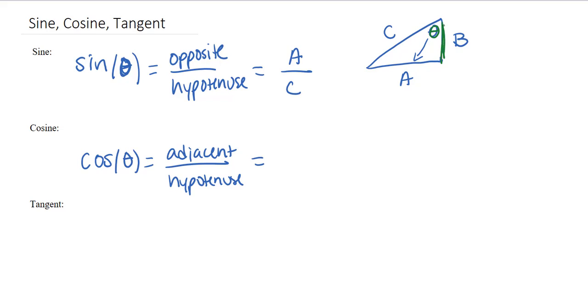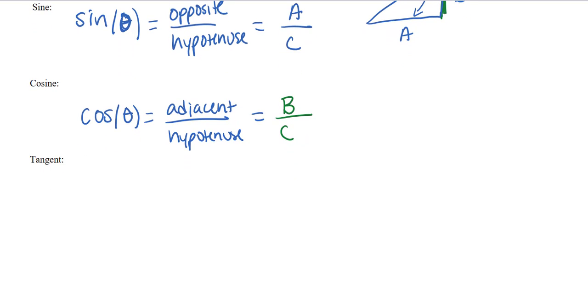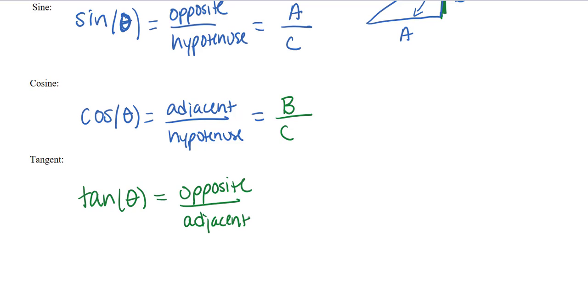Well, it's going to be B. So it's going to be B over C. So that's in regards to cosine. Now tangent. Tangent can be shortened to tan and then theta. Well, this is actually in regards to just the opposite side over the adjacent.